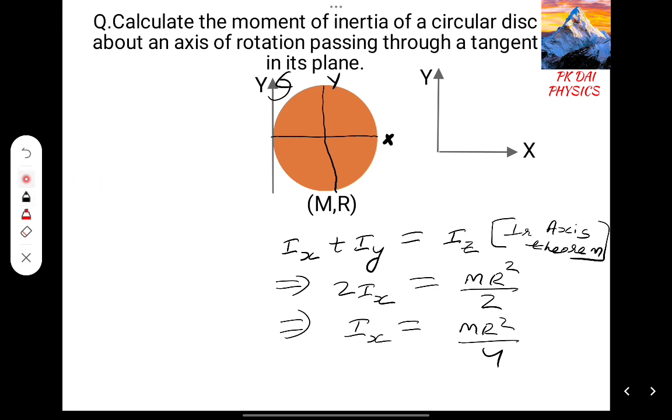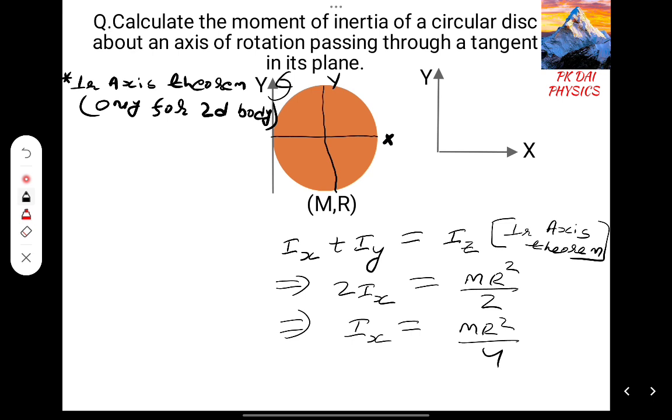One thing you should remember here: the perpendicular axis theorem can be used only for a 2D body. Many students miss this concept. The perpendicular axis theorem is only for a two dimensional body, like a disk or ring.